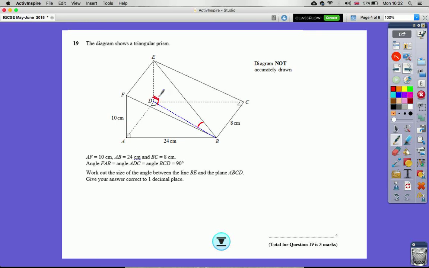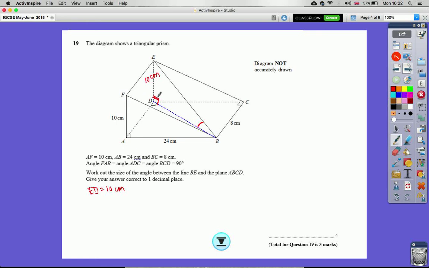So we need to find the angle EBD, but for that I need one more side. I already know that ED is 10 centimeters, because AF and ED are equal.